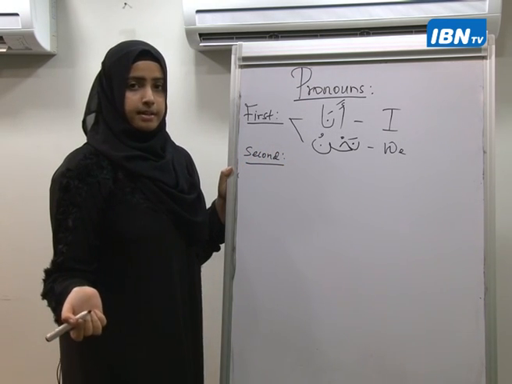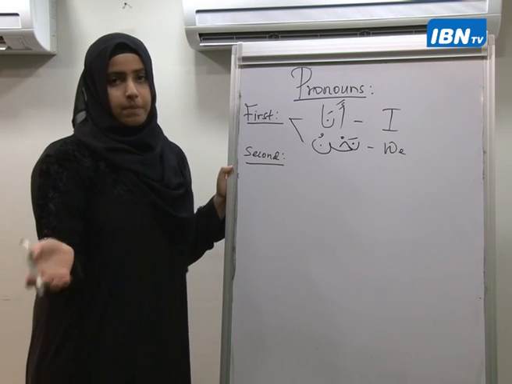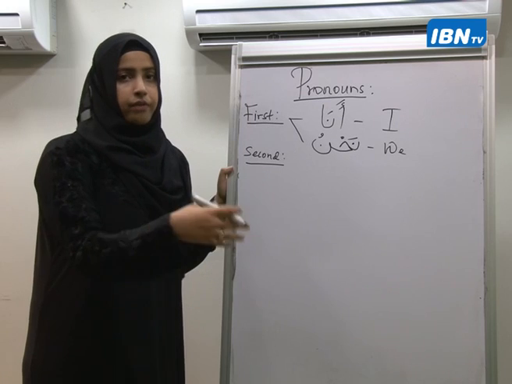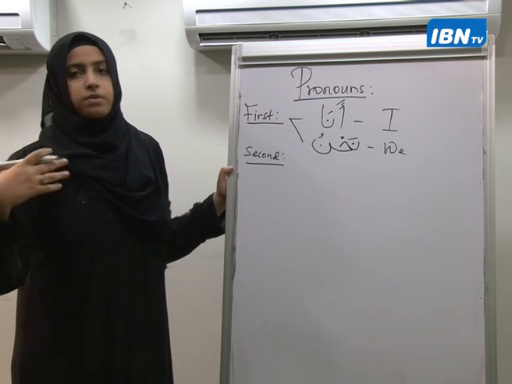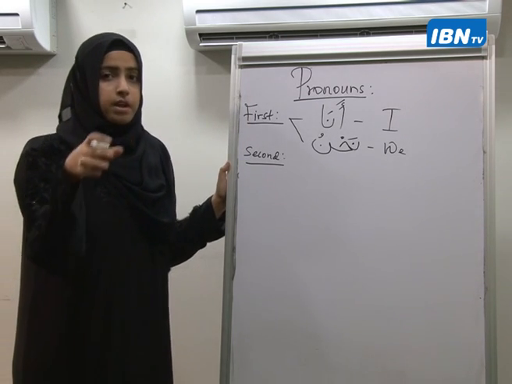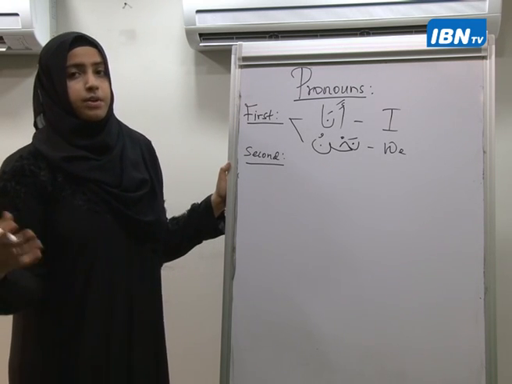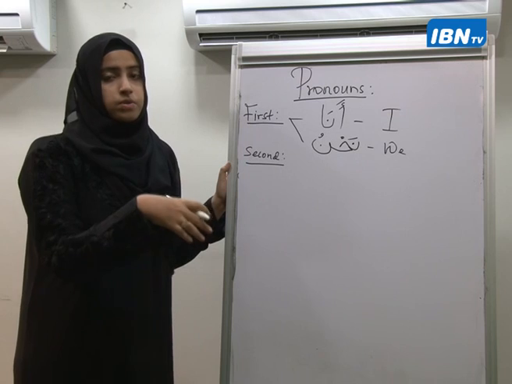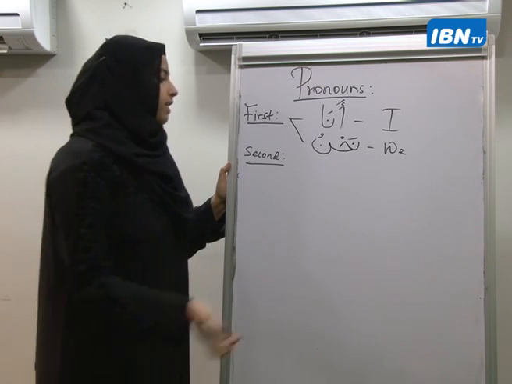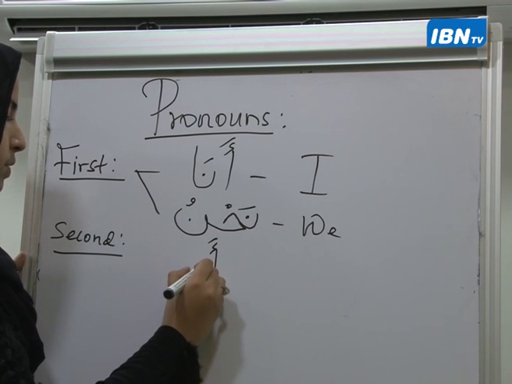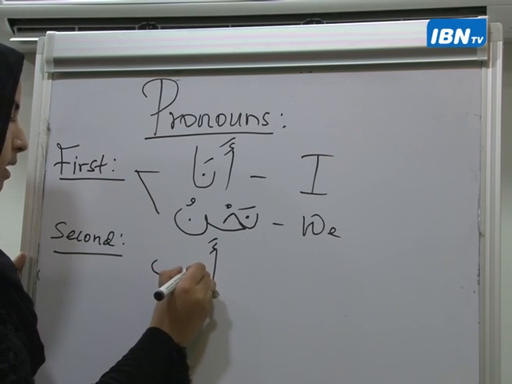Now in second person, it's not like English, we have a you for feminine and a you for masculine. If you're talking to a feminine, you use the you which is used for the feminine, and if you're talking to masculine, you use the you which is used for a masculine. For the masculine, we have anta, which means you, male.